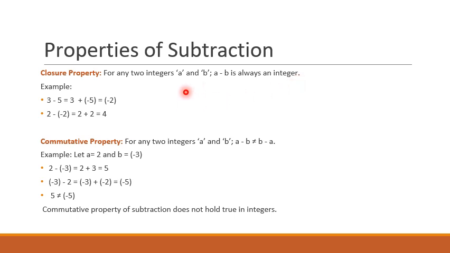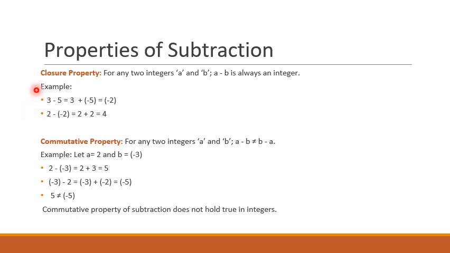That means if I subtract any two integers a and b, then their difference is always an integer. So we can say integers are closed under subtraction.